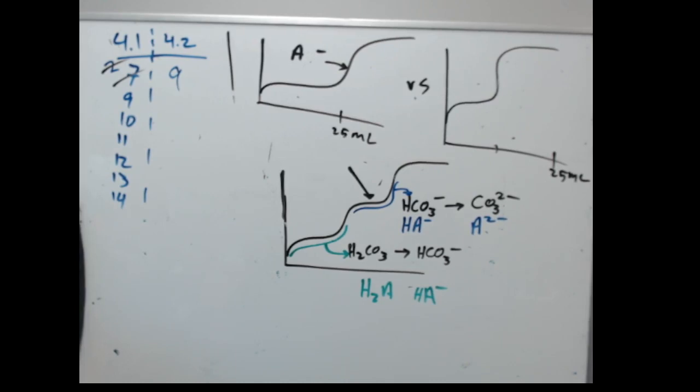If you go a little bit past the equivalence point, then you've got excess base. But we're going to be approximately at the equivalence point, so the strong base is approximately 0. The weak acid is approximately 0. It's just the conjugate base that's present.